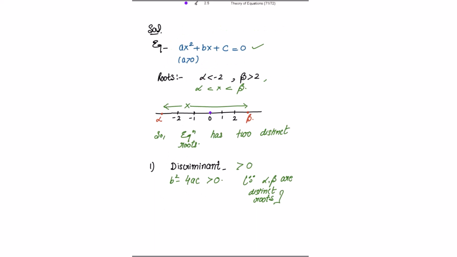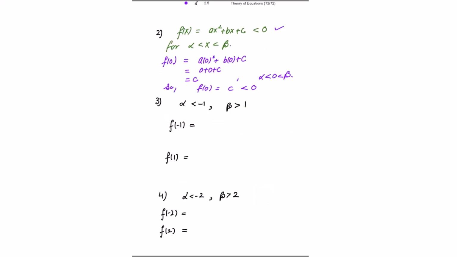If we work on other numbers, that is -1 and 1, these two are also lying between alpha and beta. Let's work on this. Because alpha is strictly less than -1 and beta is greater than 1, which means 1 and -1 are lying between alpha and beta. So finding f of -1, that is a into (-1) square plus b into -1 plus c, that is equal to a minus b plus c.